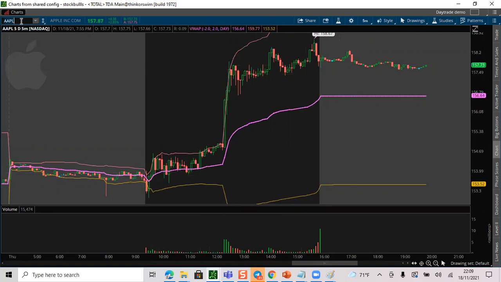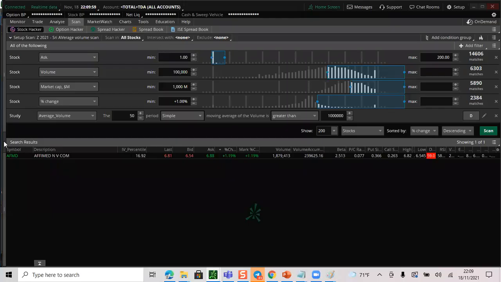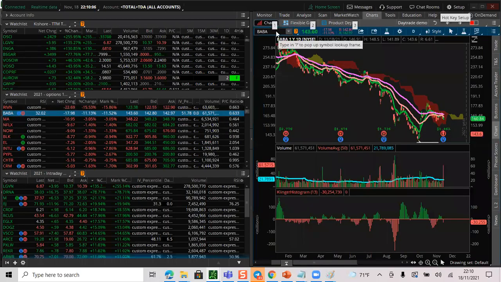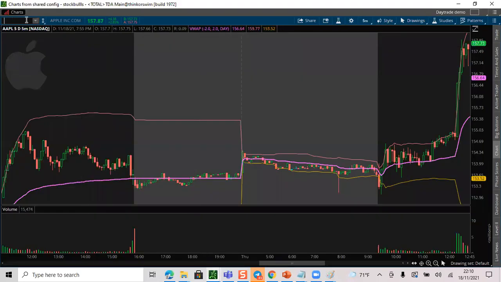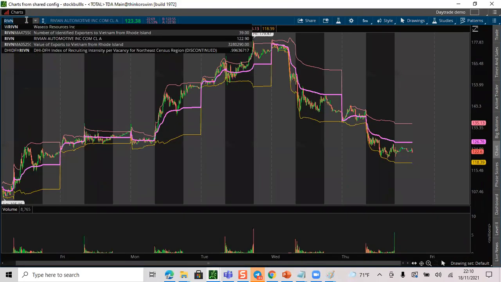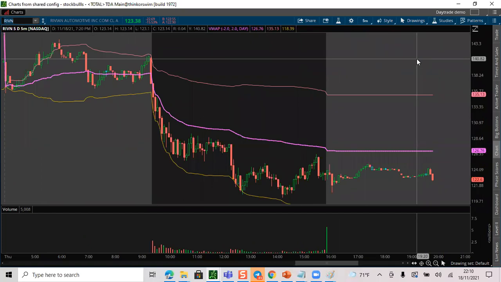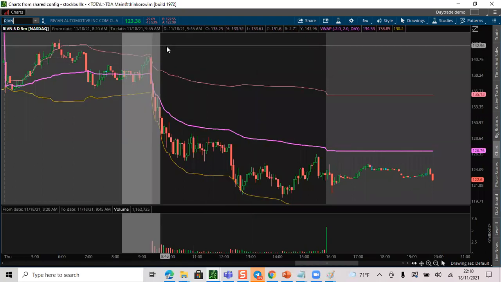So let's take a look at a stock which went down more. Let's see. Okay, Baba, Riva. Okay, this is Thursday, right? This is a simple 5 minutes chart, and you can see in the morning 9 to 9:30 itself.